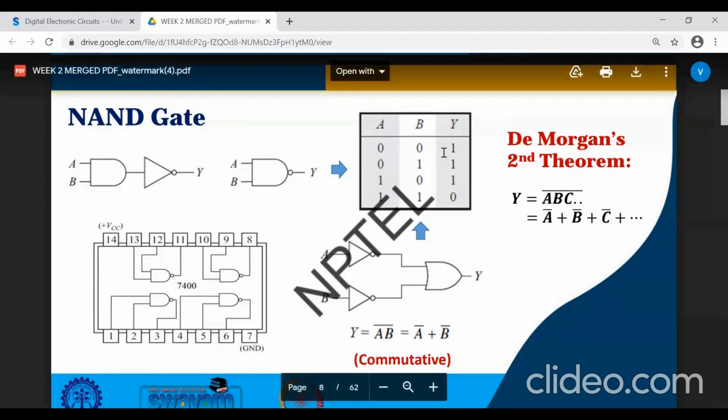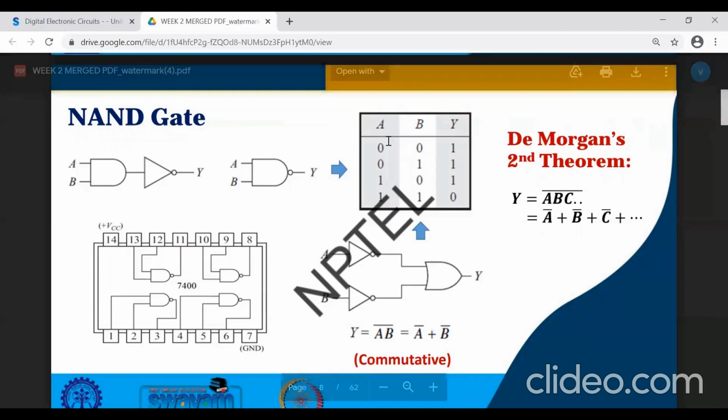If we look at its truth table, in case of NAND gate, when all the inputs are at logic level 1, in that case, output produced by the NAND gate is 0, and in the remaining states of the inputs, the output is at logic level 1.